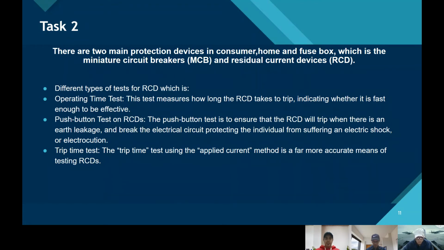The push button test is to ensure that the RCD will trip when there is an earth leakage and break the electrical circuit, protecting the individual from suffering an electric shock or electrocution. Next is the trip time test. The trip time test using the applied current method is a far more accurate means of testing RCD. Next slide.